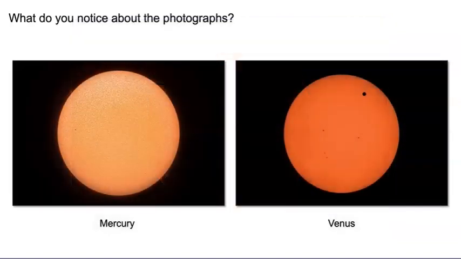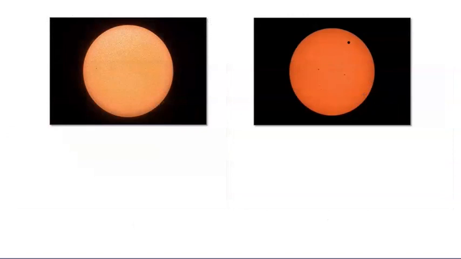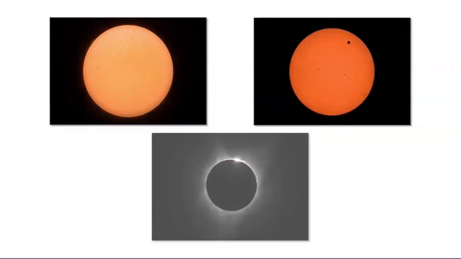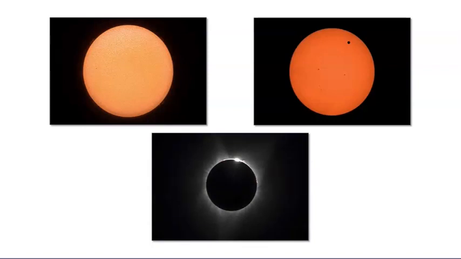What do you notice about the photographs? Look, Mercury is a really tiny dot. Venus looks bigger than Mercury, but it is still just a small circle. Mercury and Venus are in front of the Sun, but they do not block the whole Sun. These photographs show us that Mercury and Venus do not block enough of the Sun's light to cause a solar eclipse. So Mercury and Venus cannot cause a solar eclipse.